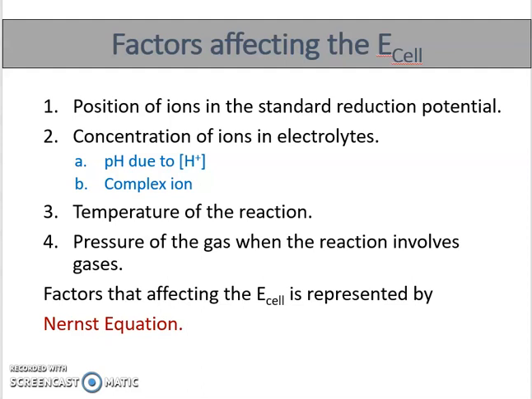The Nernst equation is the general equation that relates the Gibbs free energy and cell potential in electrochemistry, and it can be used to find the cell potential at any moment during a reaction or at conditions other than standard condition.